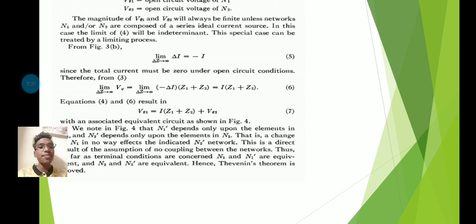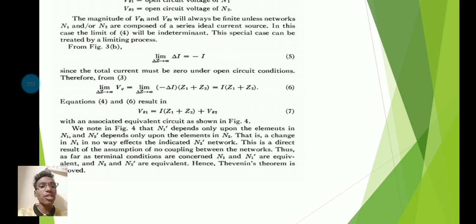Equations 4 and 6 result in Vq equals V1 equals I times Z1 plus Z2 plus V2, with an associated equivalent circuit as shown in fig 4.